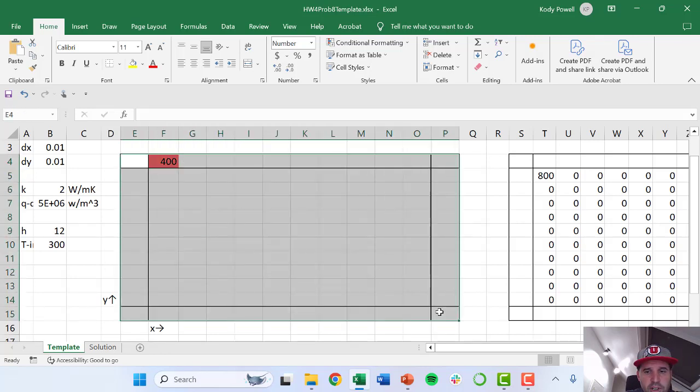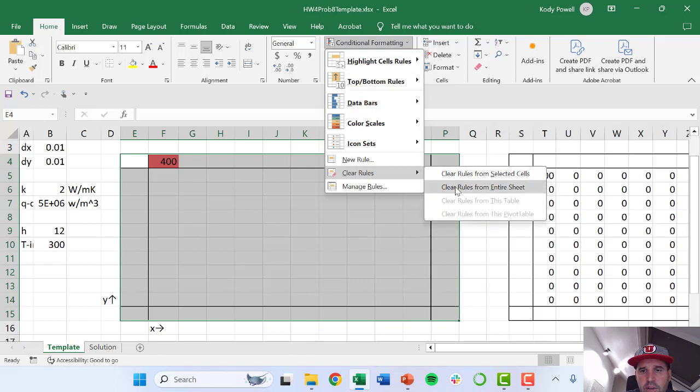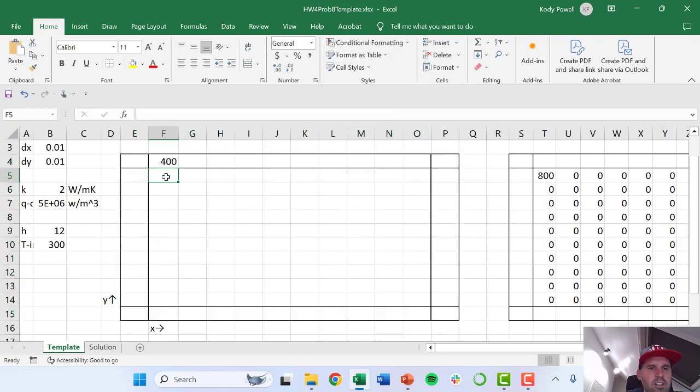boundary temperature. And what I'm going to do here is go to my formatting, and I'm going to just clear this for now. All right, so at this top boundary where y equals 0.1 meters, I'm going to assume that I have a surface temperature of 400.